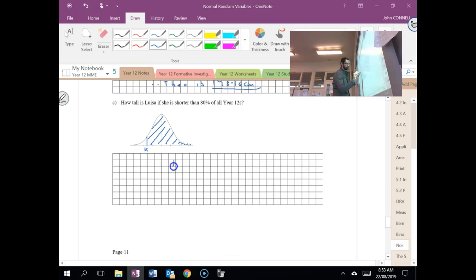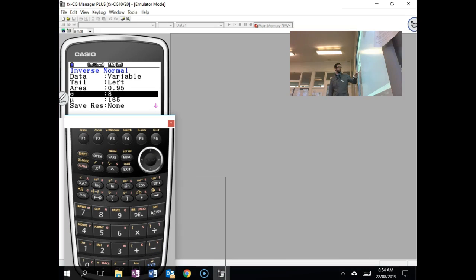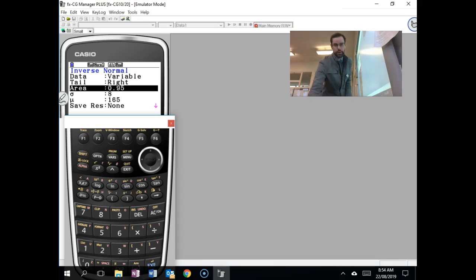So I'm going to say the probability that X is greater than or equal to k is equal to 0.80. Then we go back to our calculator. In this case my tail is right. So that's F2, and then I'm going to come down and put in 0.8.